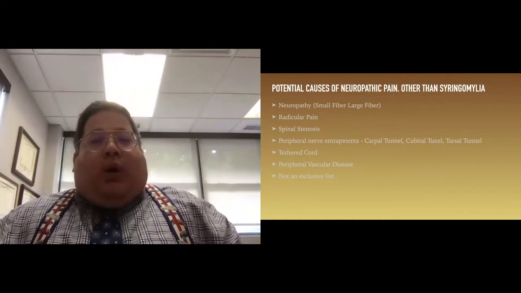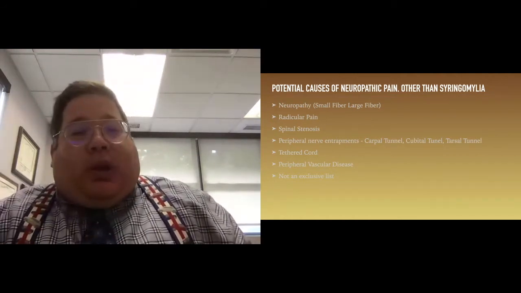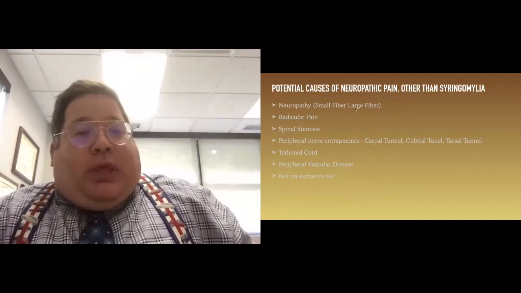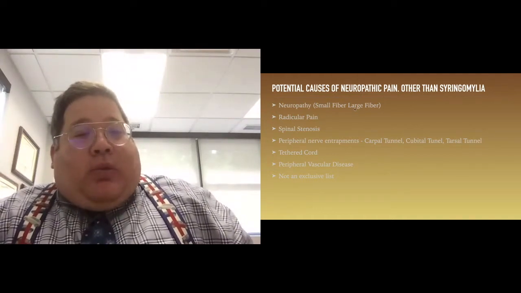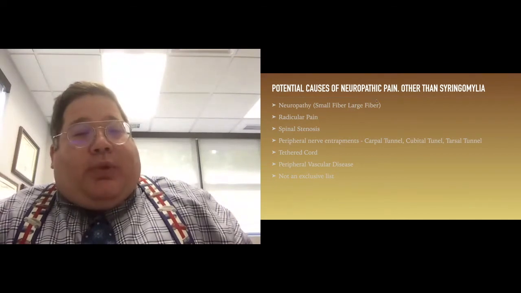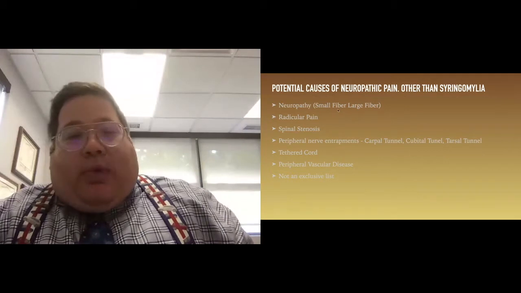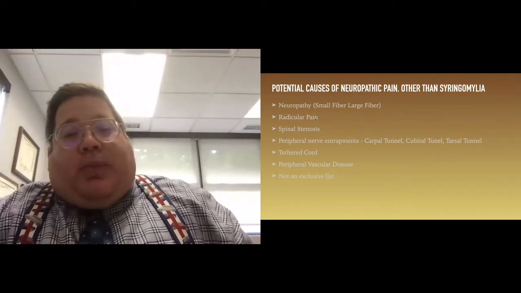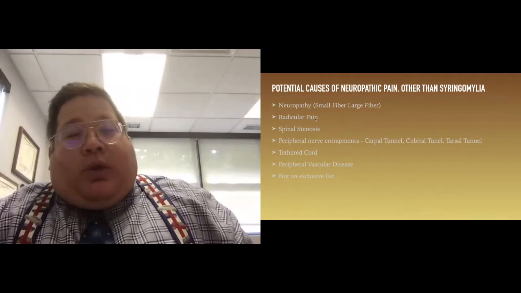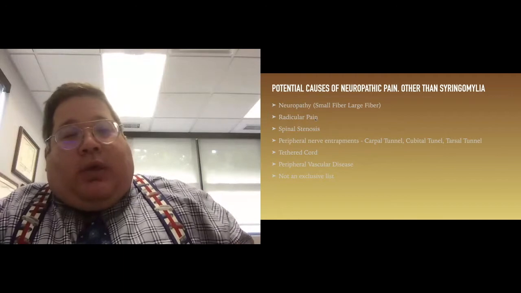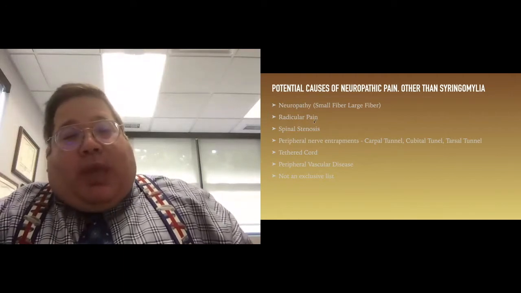So what are some of the potential causes that I might be looking for? Certainly neuropathy, and we're looking for both small fiber and large fiber neuropathy. We'll elaborate on this a little more later. We can certainly have radicular pain, so somebody may have a pinched nerve due to a disc herniation or arthritis at the facet where the nerve is coming out.